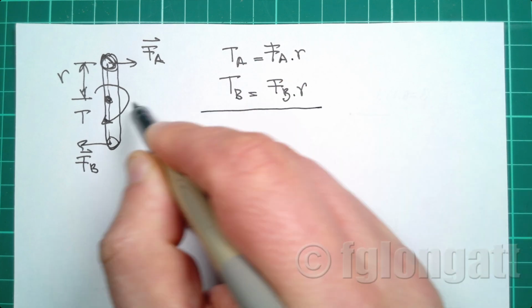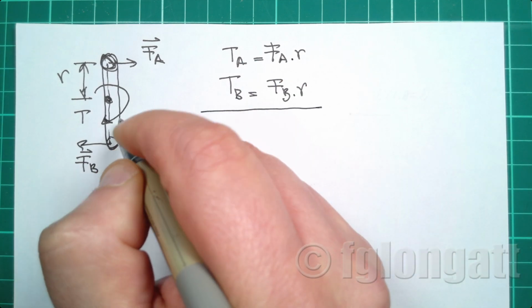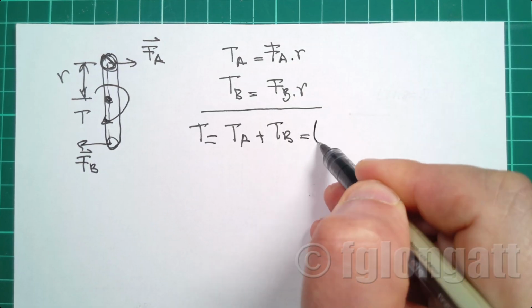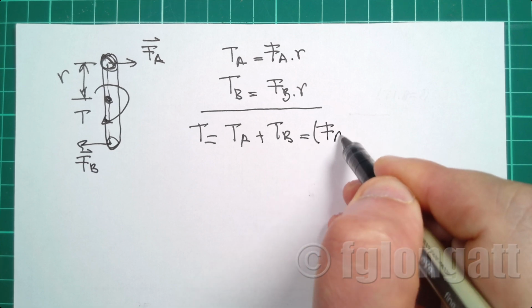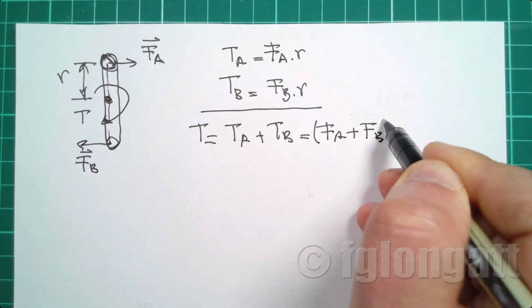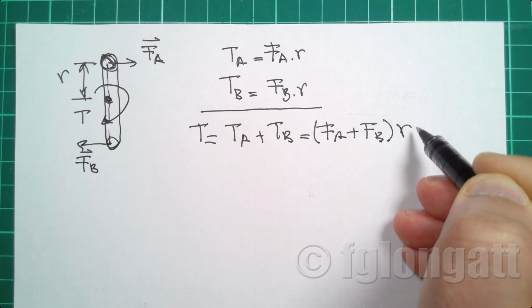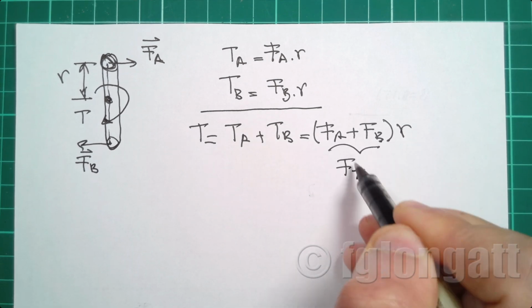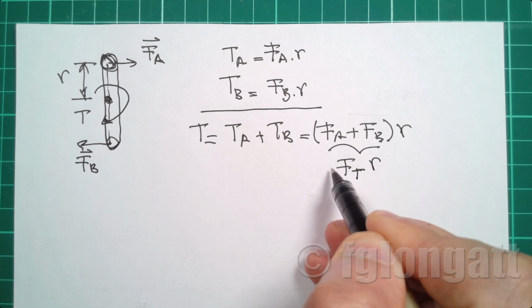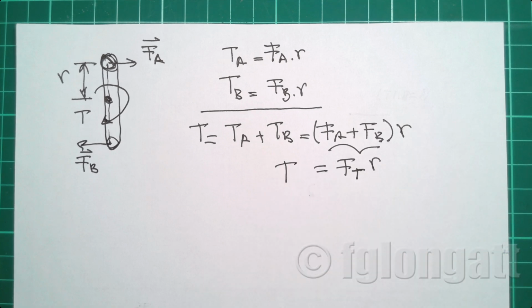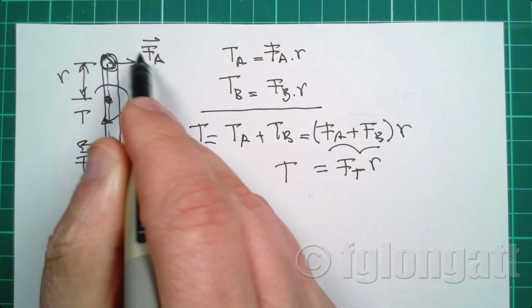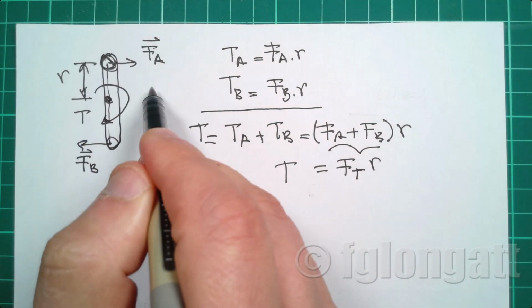and the total torque here will be the torque A plus the torque B. In other words, what I am telling you is that FA plus FB multiplied by R, this is the total force in the coil multiplied by R, that will be the total torque. In other words, both forces are pushing in the same direction.